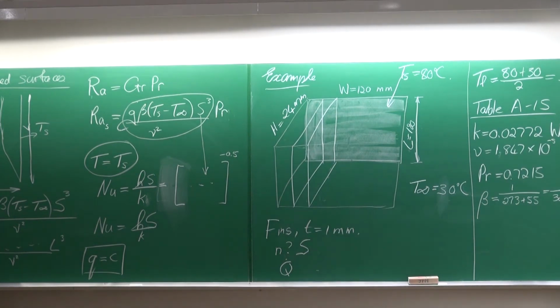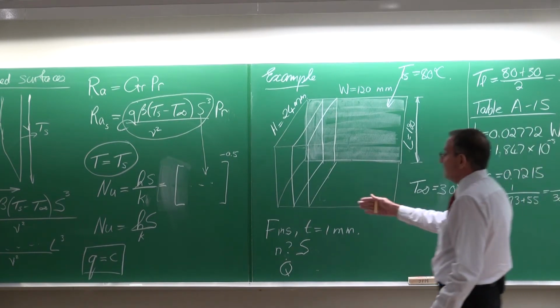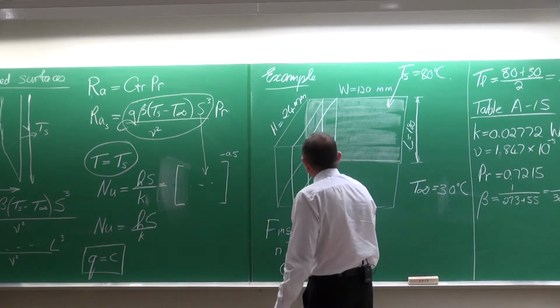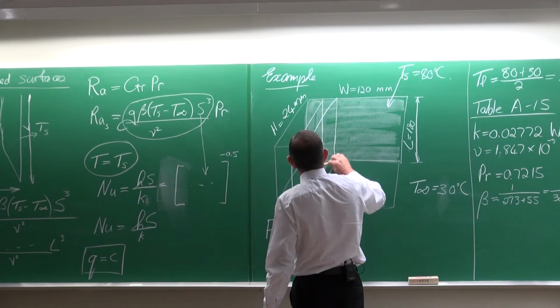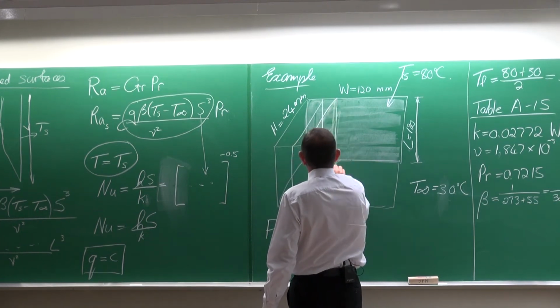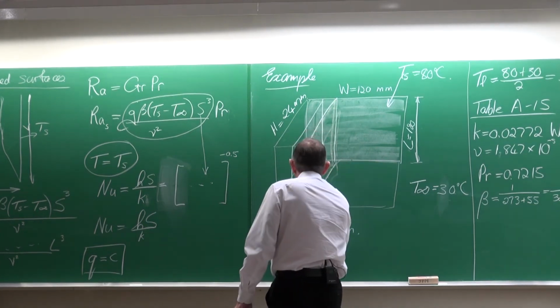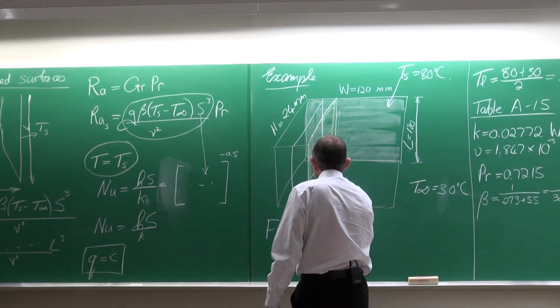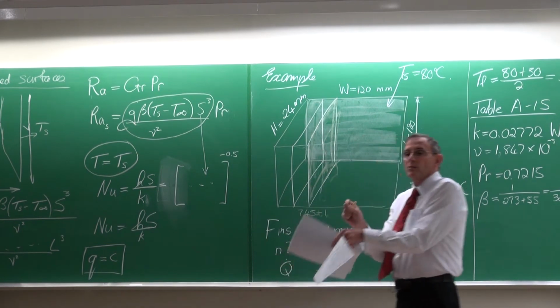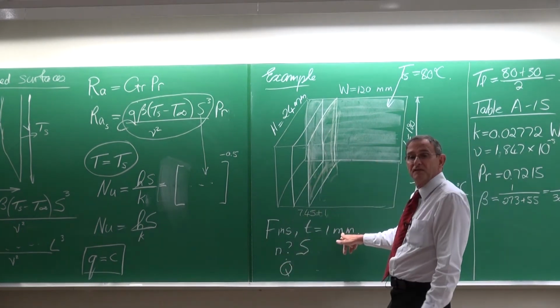And if we use some color, let's see if that works, then every one of these fins, let's use that as an area of one fin. Then we've got a spacing of 7.45 millimeters plus 1 millimeter thick. That is the thickness of the fins.